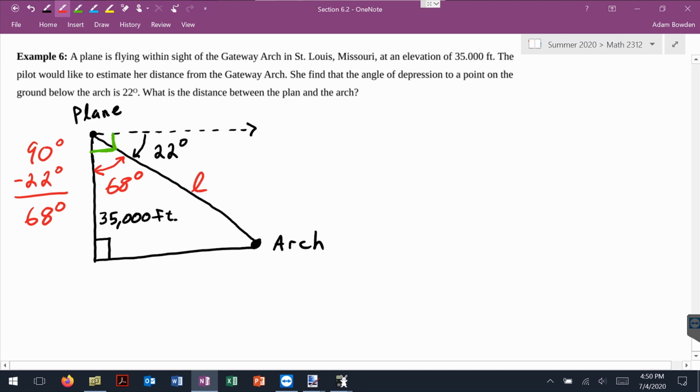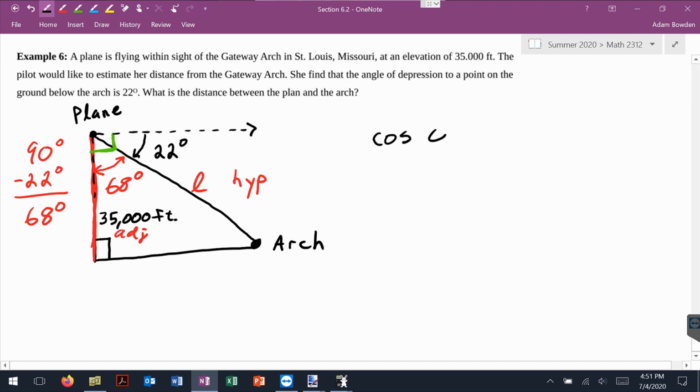And now let's label the sides of our triangle. This side with the 35,000 would technically be called the side adjacent, since it's right next to the 68 degrees here. And then this would be the hypotenuse, for the side that I've labeled as L. And so the question is, which trig function do we use with adjacent and hypotenuse?